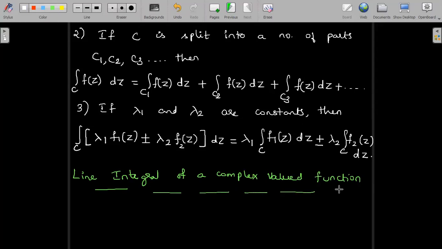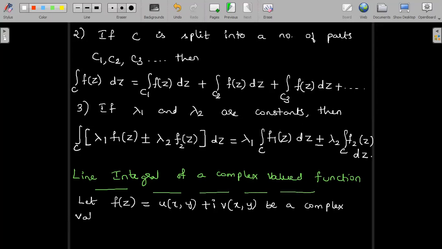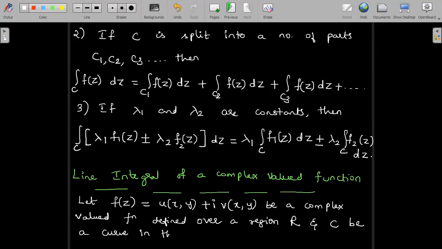Okay, so let's understand this. Let f of z equal u of x comma y plus i into v of x comma y be a complex valued function defined over a region capital R, and let capital C be a curve in the region.